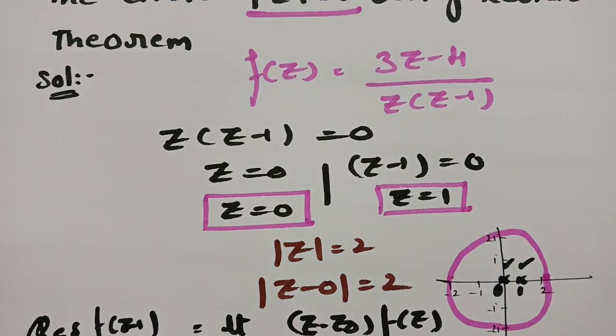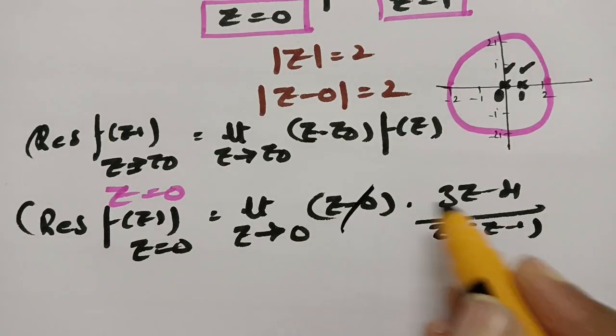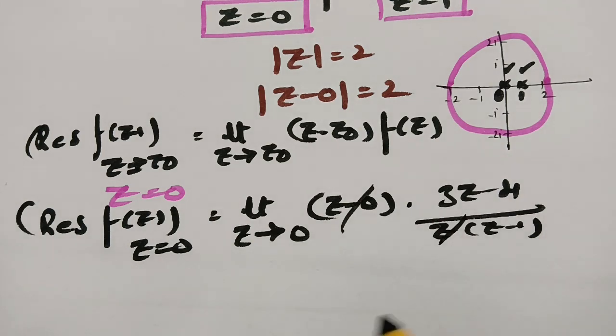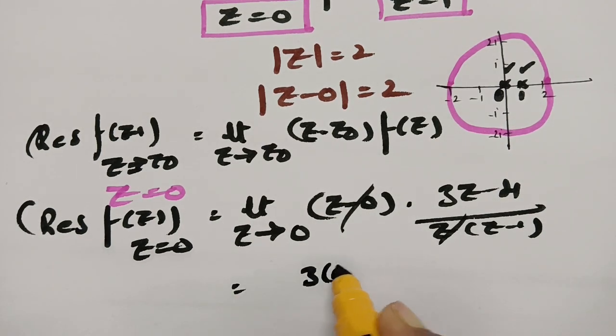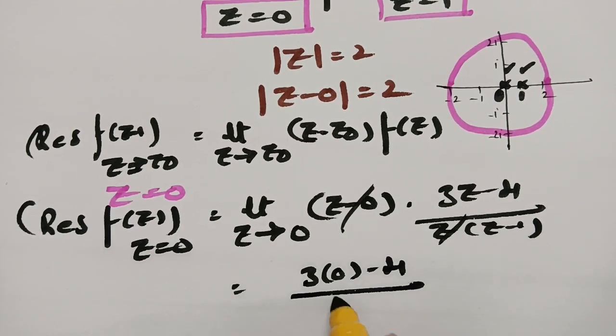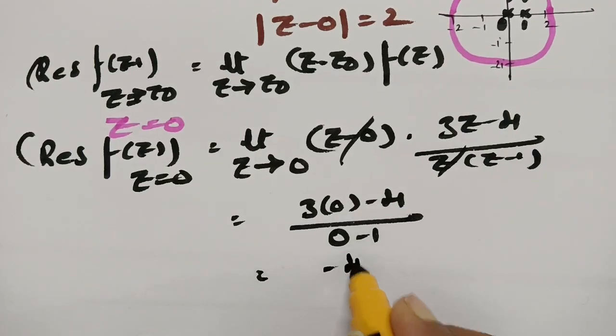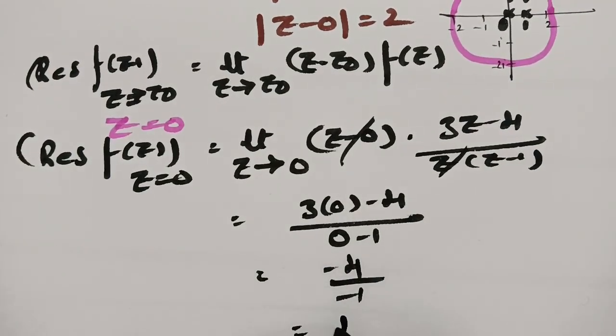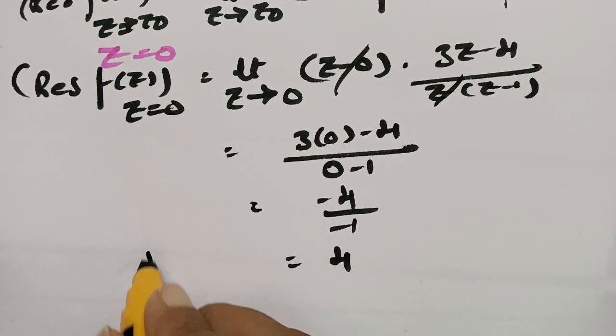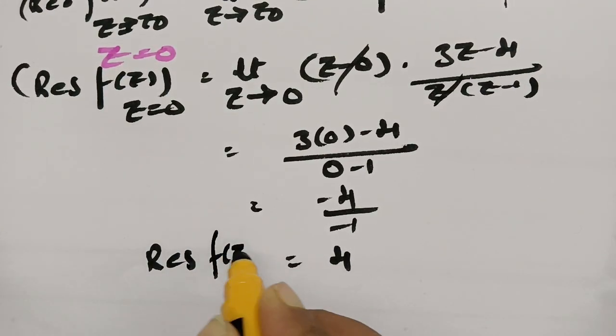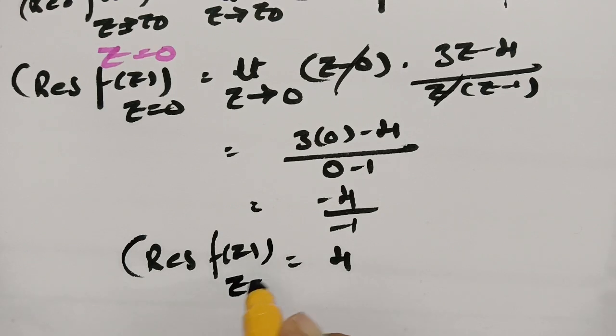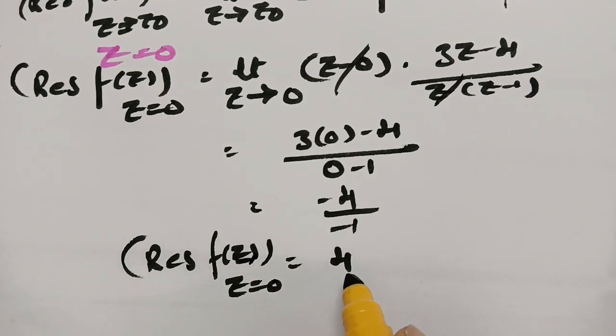That is (3z − 4)/(z(z − 1)). If I cancel this z and substitute 0 in the rest of the function, this will be (3·0 − 4)/(0 − 1). This value is nothing but −4/−1, which is equal to 4. Therefore, the residue of f(z) at z = 0 is 4.